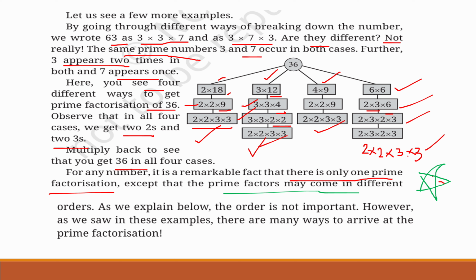Sometimes it is 2 into 2 into 3 into 3. Sometimes it will be 2 into 3 into 2 into 3. The order will change. As we explained below, the order is not important. However, as we saw in these examples, there are many ways to arrive at the prime factorization.